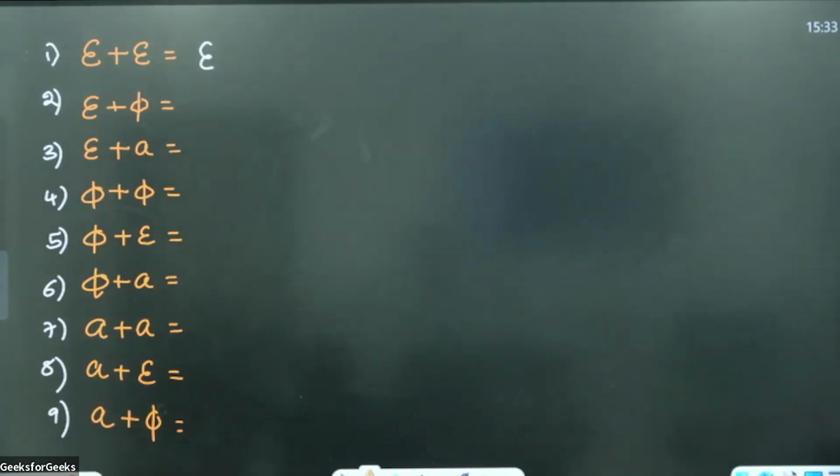You can write a set or you can write the simplified answer. It is your choice. Rahul is writing a language. That's fine.